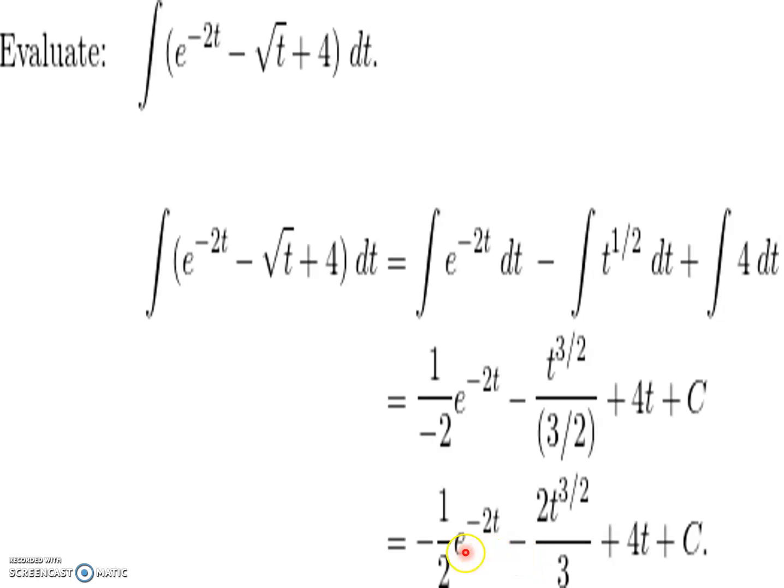So we simplify. Here 3 by 2 goes to 2 by 3, and minus 1 by 2 e raised to minus 2t minus 2t raised to 3 by 2 upon 3 plus 4t plus c.